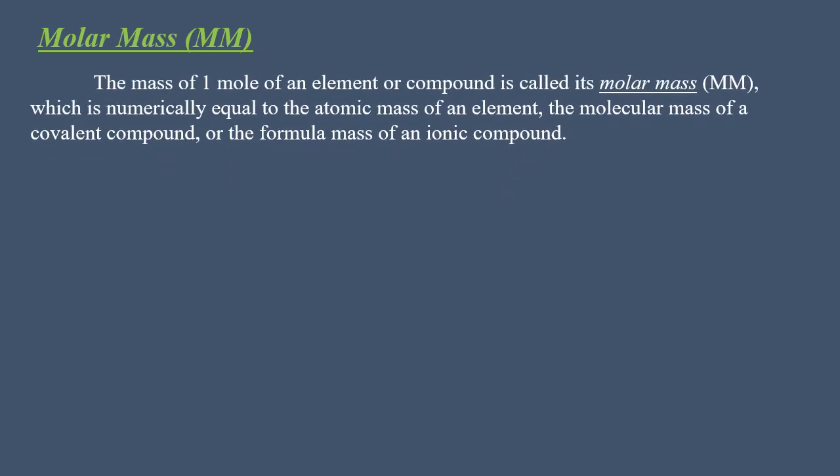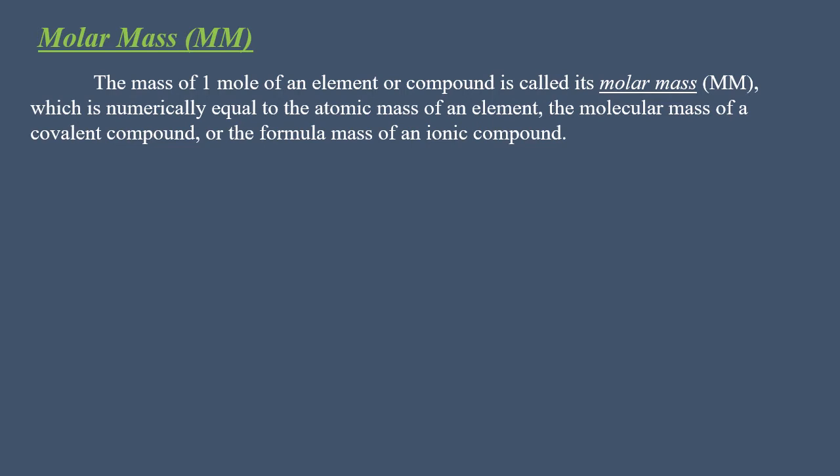So let's talk about molar mass, or MM. What is molar mass and how to compute molar mass? The mass of one mole of an element or compound is called its molar mass, or MM, which is numerically equal to the atomic mass of an element, the molecular mass of a covalent compound, or the formula mass of an ionic compound.